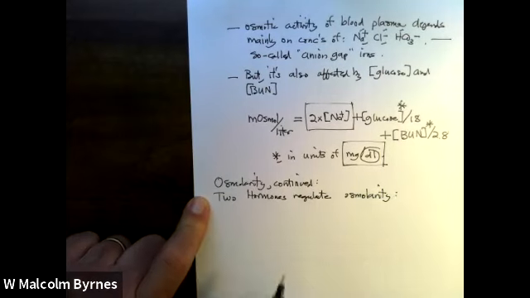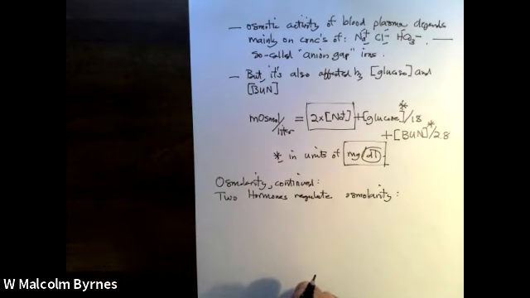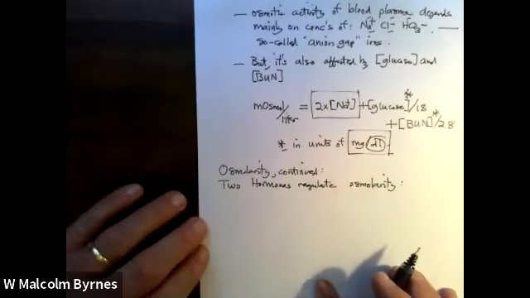And those are ADH, anti-diuretic hormone, also known as vasopressin, and aldosterone. So let's talk about those two.